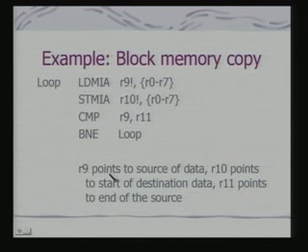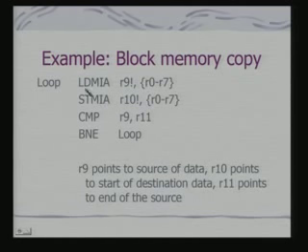So, I can have R9 pointing to the source of data and R10 can point to the start of destination data. R11, in fact R0 and R11, points to the end of the source. So, what we are doing here, I am loading from R9, which points to the source of data. So, data is loaded onto these registers and then I am storing them back.